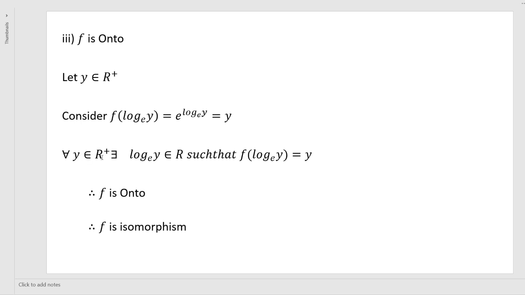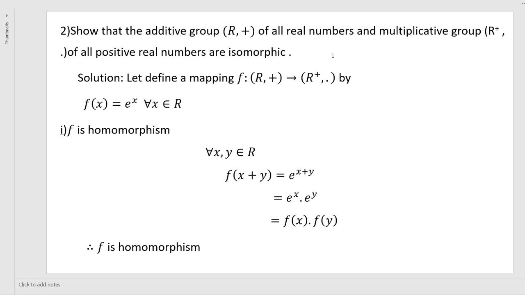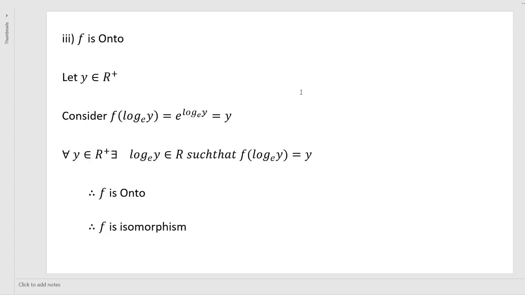That is, for all y belongs to R+, there exists log y to the base e belongs to R such that f(log y) = y. It is in R+, which means obviously in R. Therefore, f is onto. Therefore, f is an isomorphism, right? We have proved this function is an isomorphism, that is, the two sets are isomorphic.